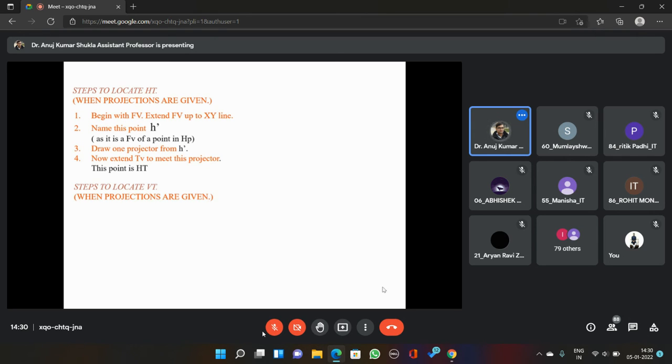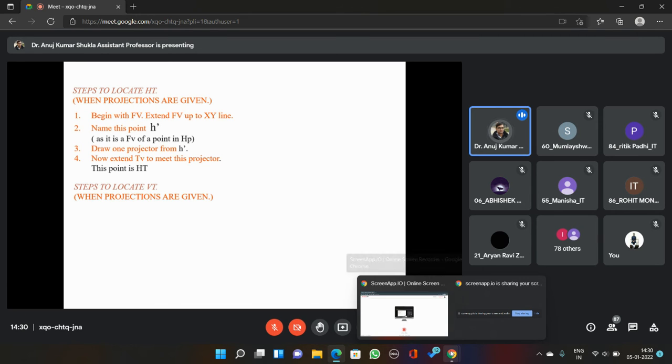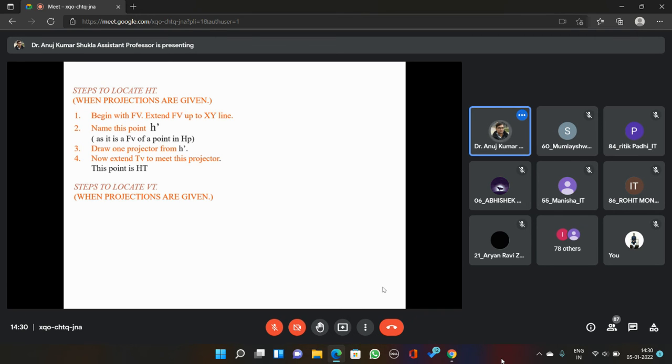It does not matter. The extra complication has only been made now. Draw one projector from H prime. Now extend the TV to meet this projector. This point is HT. Same for VT.